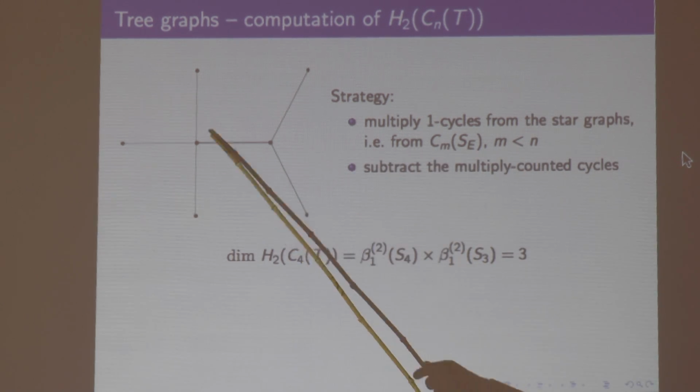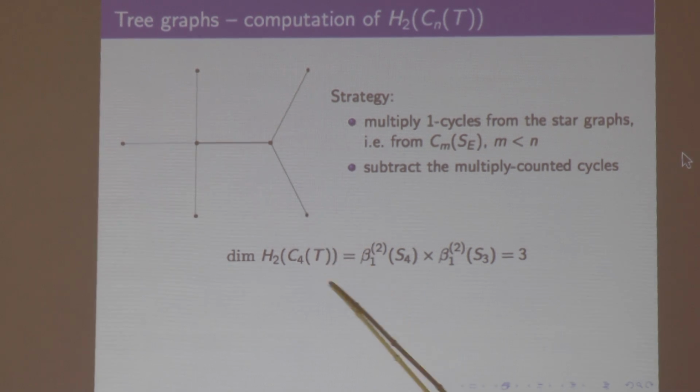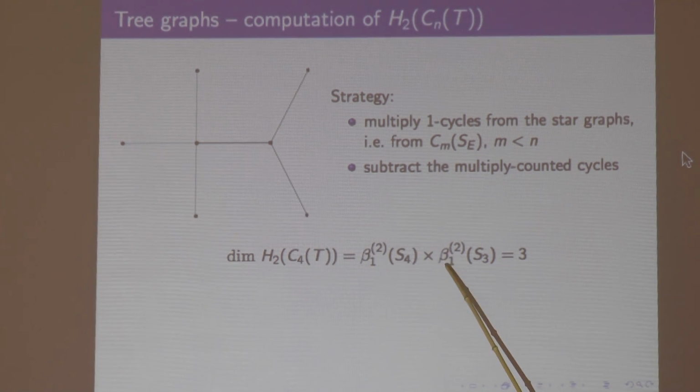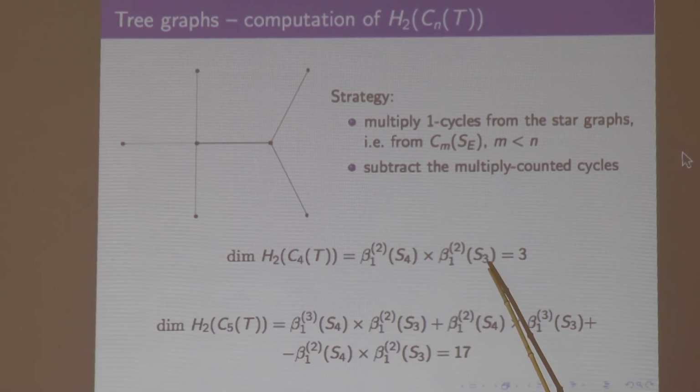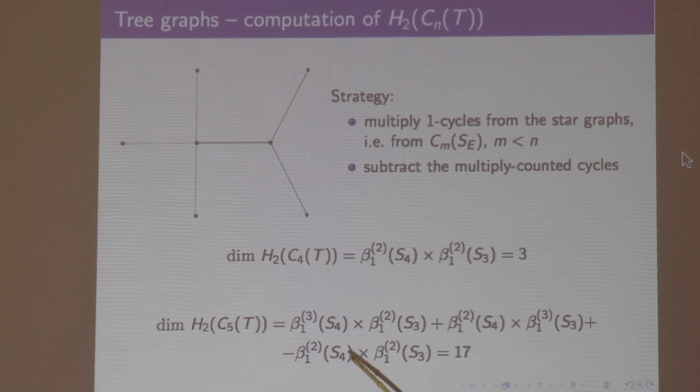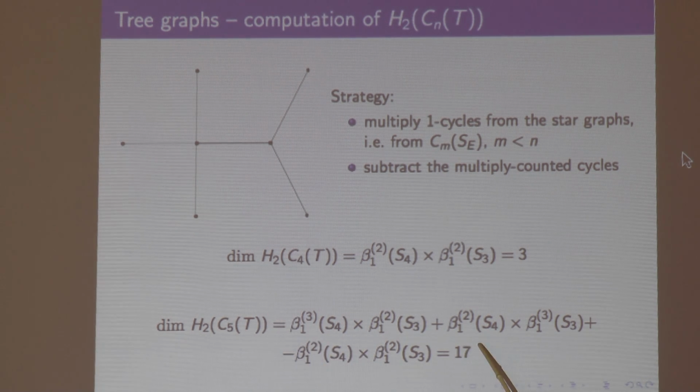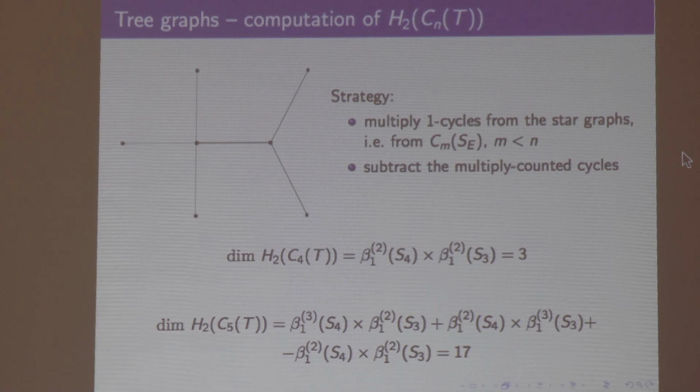So we can put 2 particles here, 2 particles here, and we multiply the numbers for the star graph which we had before. Then we get 3 tori. When we put more particles, then we have some double counting, which we know how to deal with, and we have 17 tori. Is this a new result, or was this known before? There was some procedure from Morse theory, but it was hard to obtain this 17 from that procedure. So this approach is much more tractable.